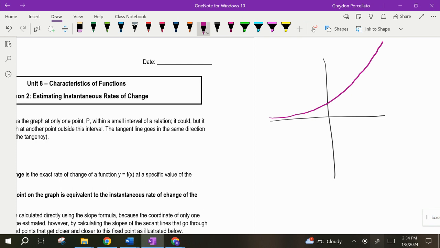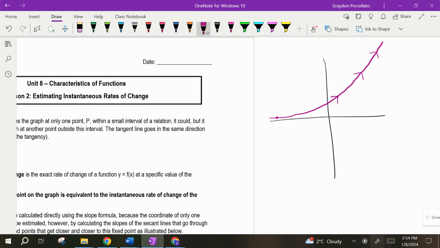At the very beginning, right over here, our slope is not very steep, or our slope is a very low number, close to zero. And as we progress to different points on this graph, our graph gets steeper and steeper, or our rate of change is increasing.